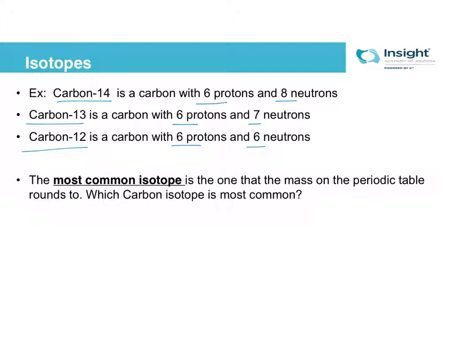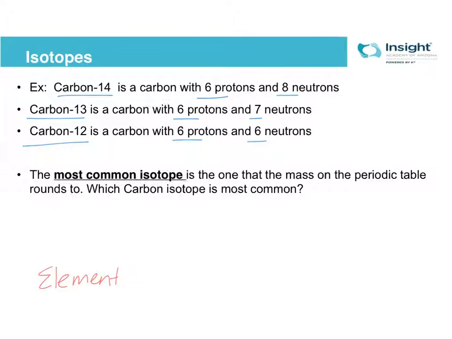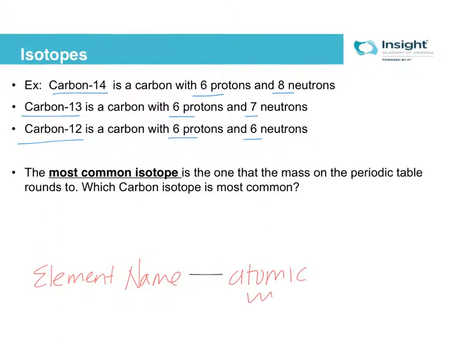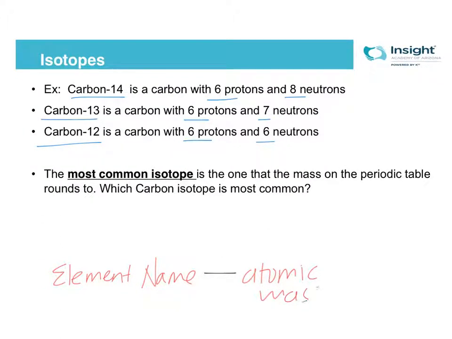All right, so when you're writing an isotope, you're going to write the element name and then a dash, and then the atomic mass number. All right, so that's where that whole carbon-14, carbon-12 comes from.